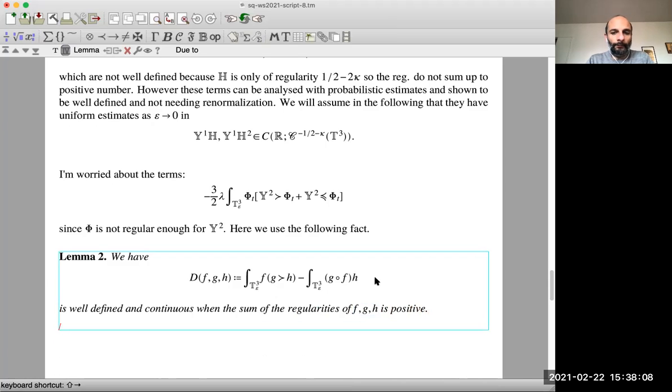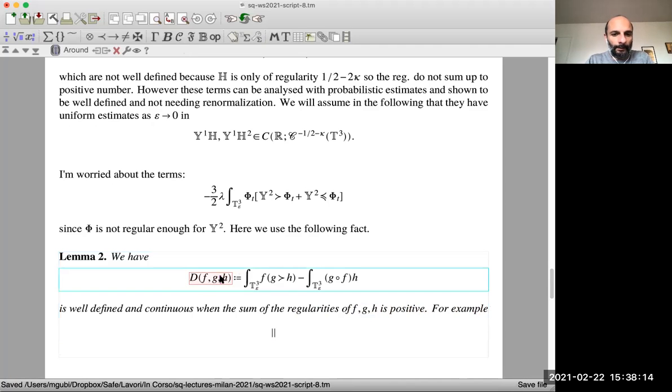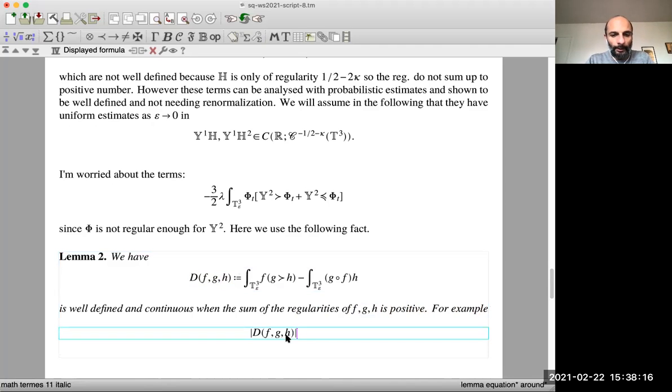I give you an example: you can estimate this with the norm of F in, for example, H alpha, H beta, and H gamma, and G in this object, maybe better in chi alpha.